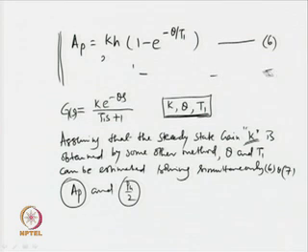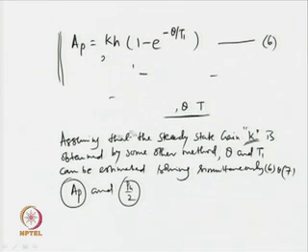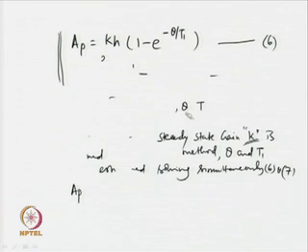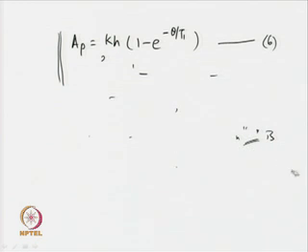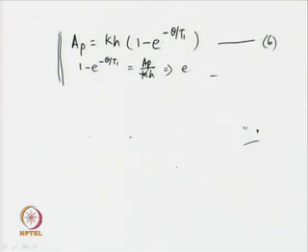So, 6 can be used in the form of: now write this equation 6 in the form of 1 minus e to the power minus theta upon T 1 is equal to A p by k h, or e to the power minus theta upon T 1 is equal to 1 minus A p by k h.